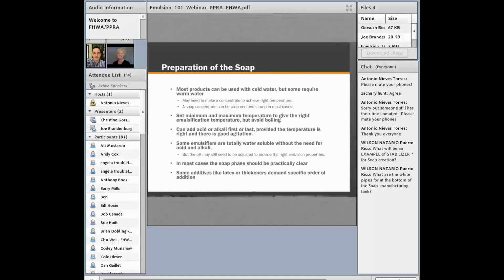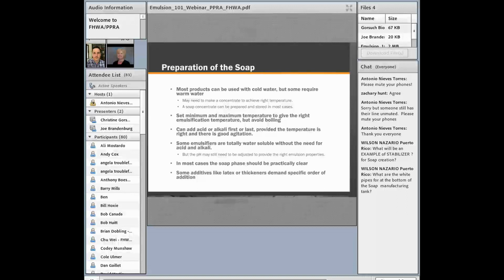Because if you have emulsifier that's not reacted, and you're making a cationic, and you have emulsifier floating around, and you've added your acid, that can give you a false pH. So you think, hey, I'm at a 2 pH, let's fire up the mill and run with it. But if you have soap or emulsifier that's unreacted, that's going to adversely affect your emulsion. So it's always good to take a sample of your soap solution, visually look at it, and make sure you don't have any unsaponified or unprotonated emulsifier.